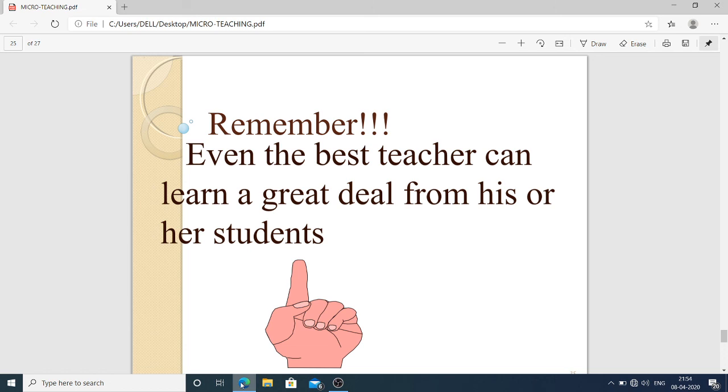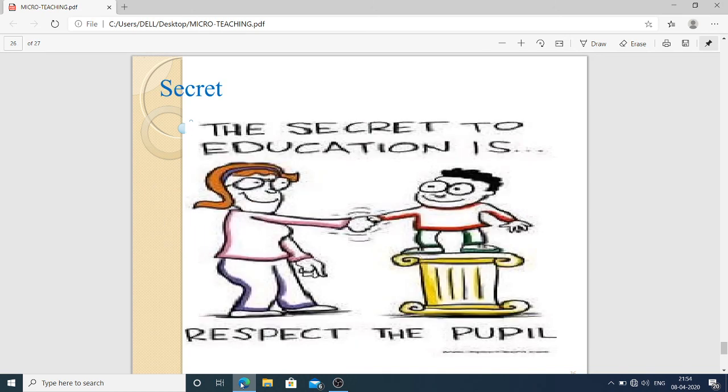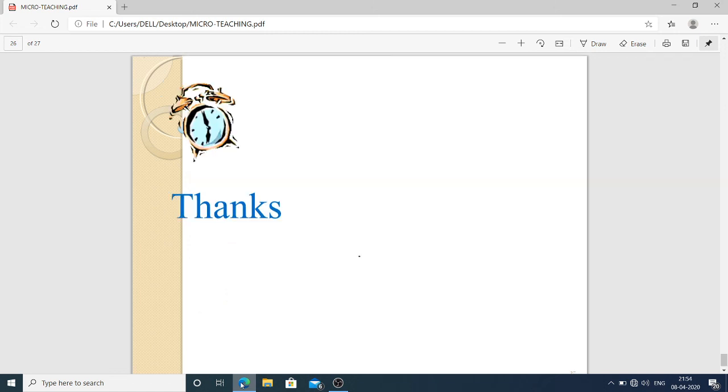Or, I cannot teach anybody anything, I can only make them think. Then, the last one, the secret of teaching. The secret to education is respect the pupil, respect the students, and the student will respect you. That is the funda of the teaching profession.